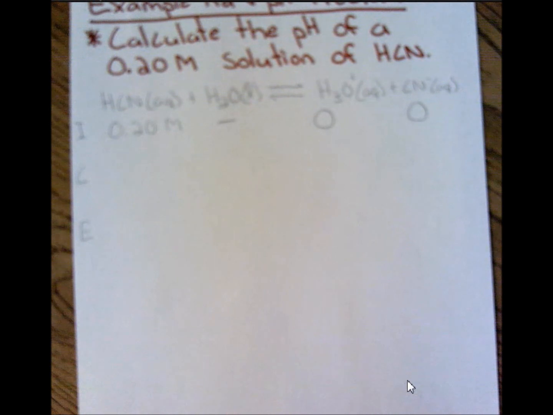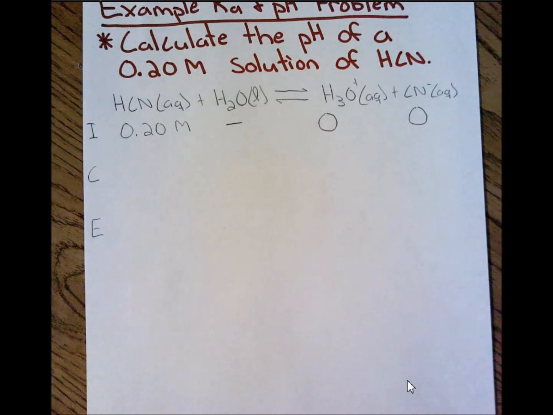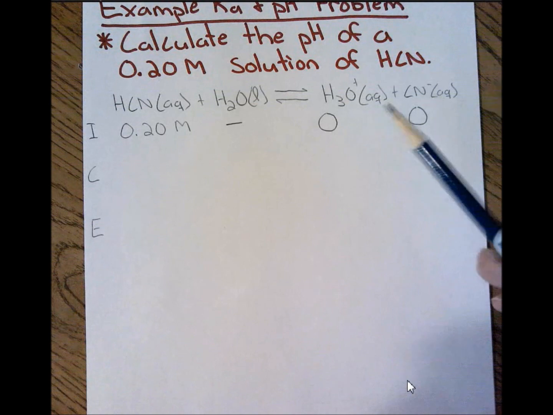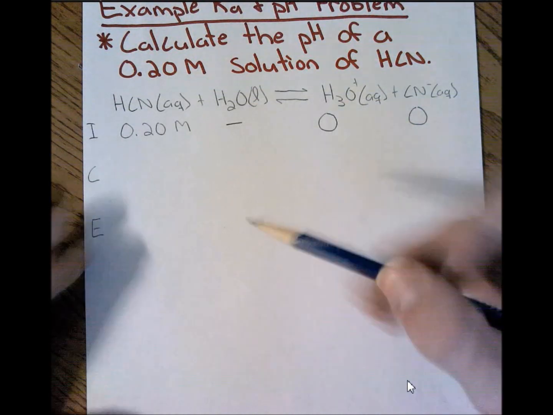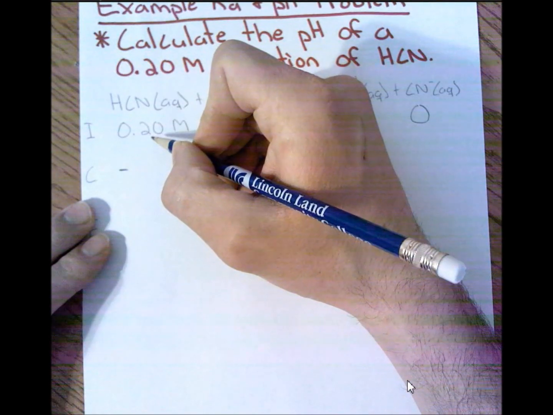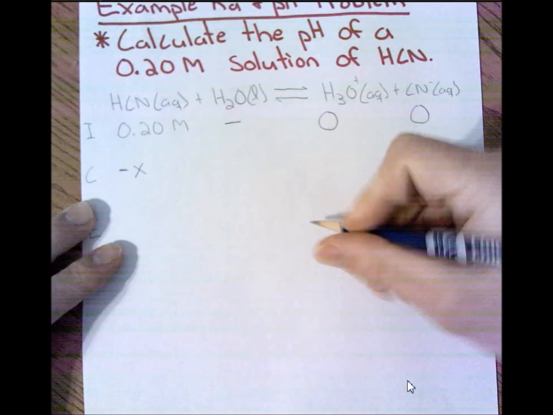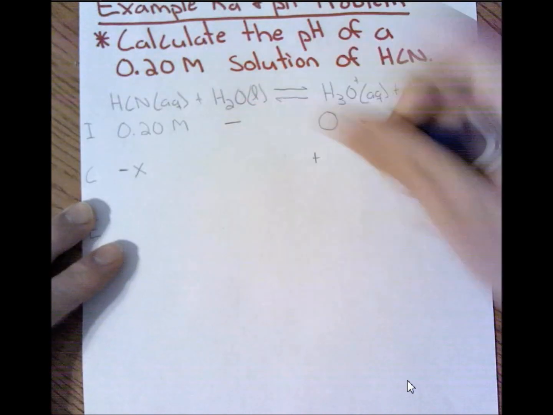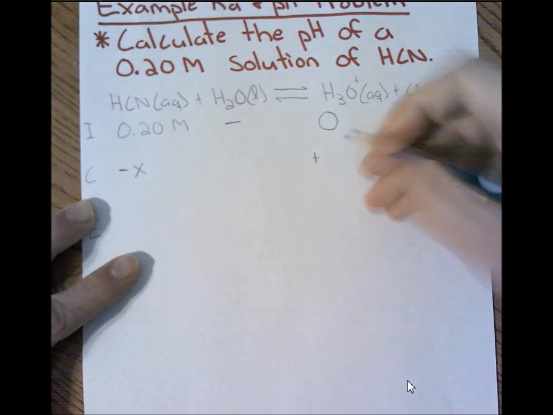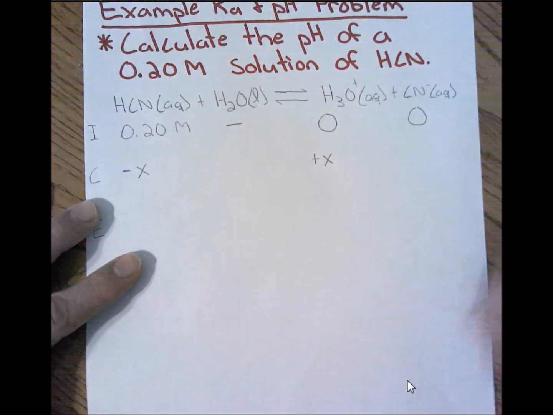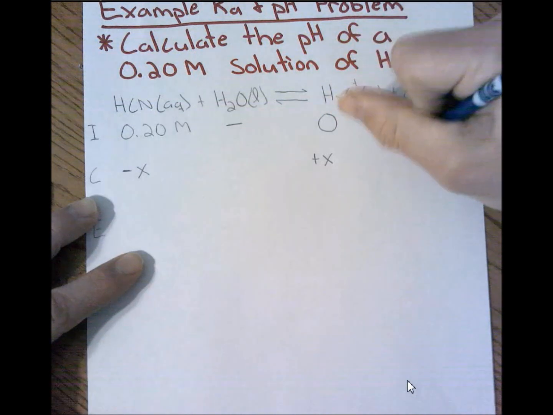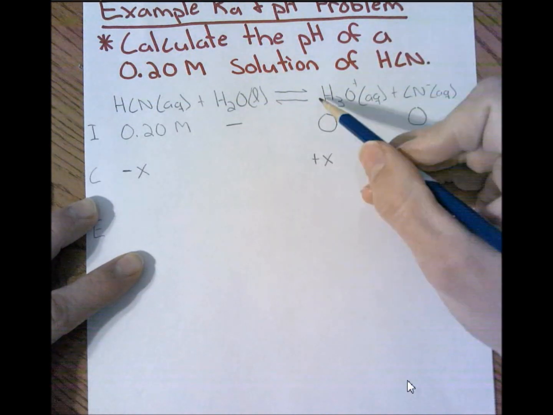We have to lose some of this 0.2 molar HCN, so we say minus X. And on the flip side, we have to gain some H3O, so we say plus X. And then our cyanide, we have to gain some of that as well, so we say plus X. I just have one X because of those stoichiometric calculations. Remember, the coefficient becomes the exponent in front here. So if you ever have to deal with that, remember the coefficient does play a role.